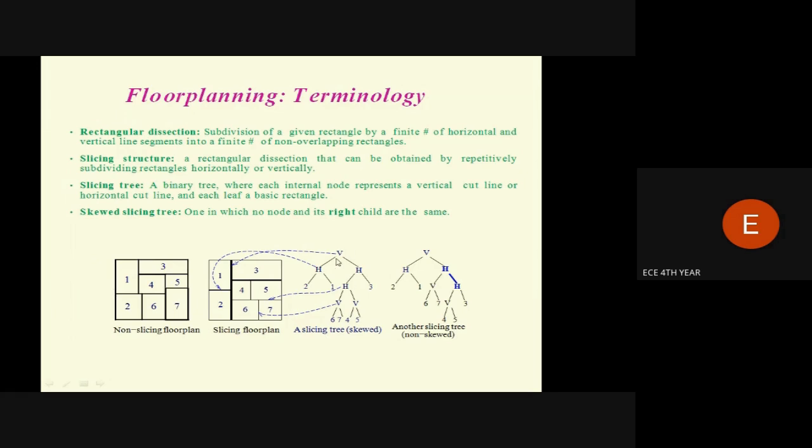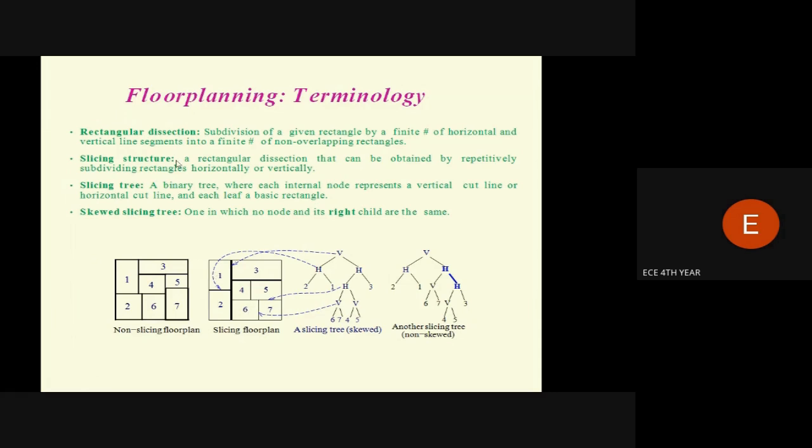So a binary tree representation is possible for a slicing floor plan, but it is not possible for this non-slicing floor plan. So obviously, if we have one defined data structure for representing a floor plan, we will go for that only. We are not going for the non-slicing one. So obviously, this one is the better one.